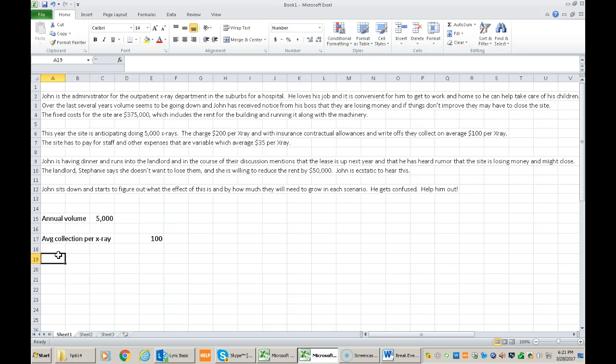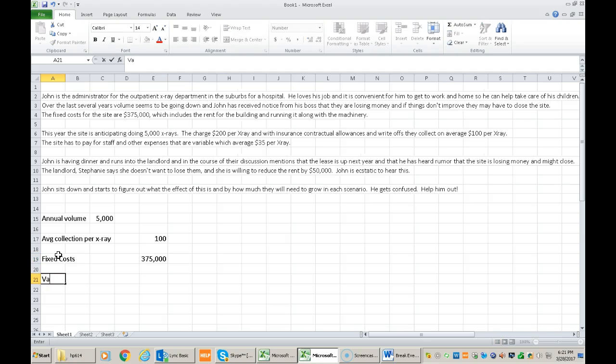Then we know that the fixed costs are $375,000, and the variable costs are $35 per x-ray. Okay, so from this we can calculate what is the current situation.